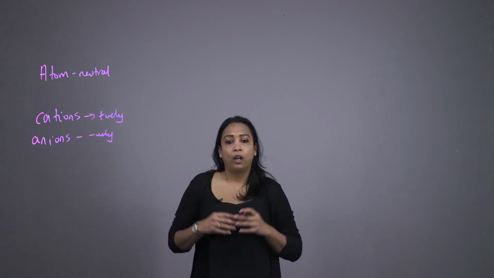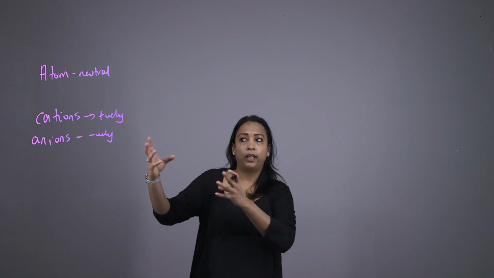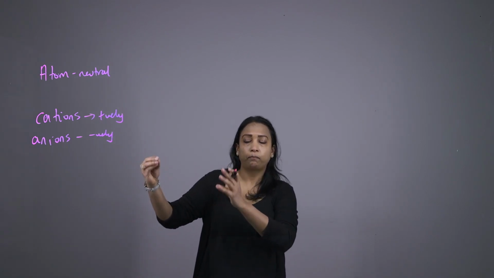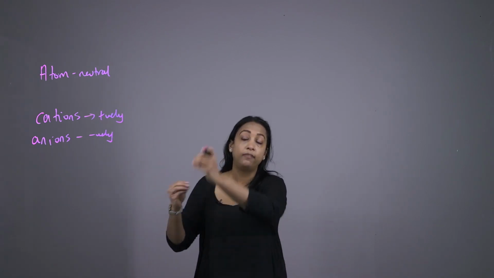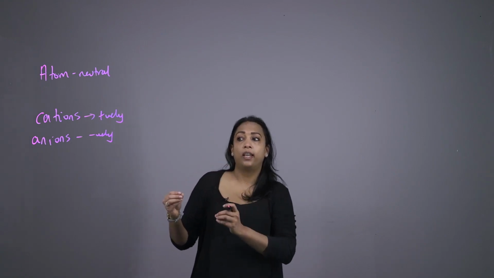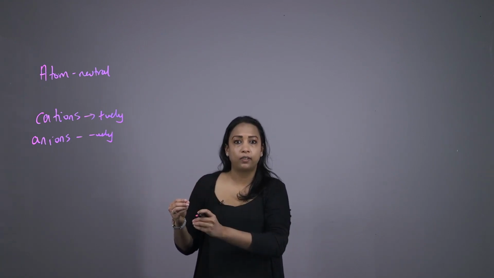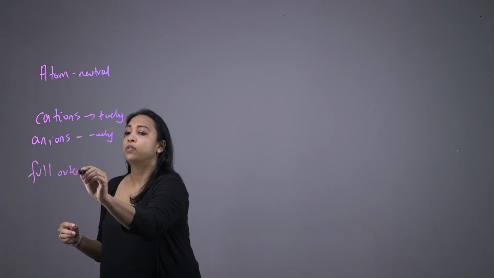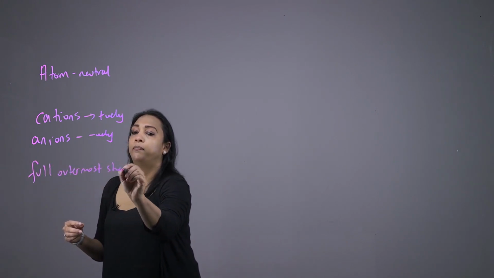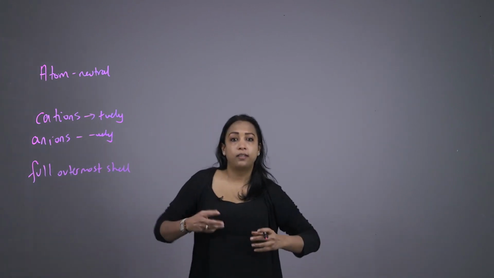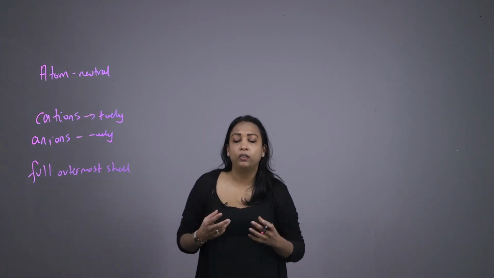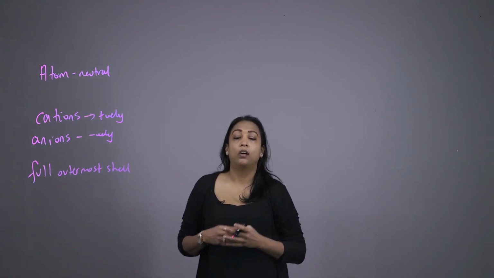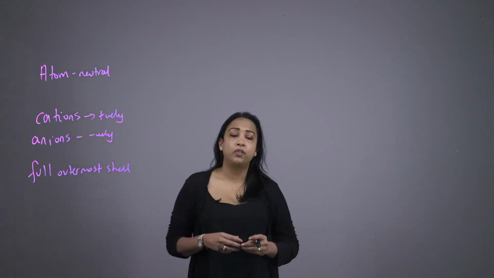So by giving away electrons, in the case of metals, or by accepting electrons, in the case of nonmetals, we obtain a full outermost shell. And if you remember, atoms want to obtain a full outermost shell so that they are stable. So we can demonstrate this.